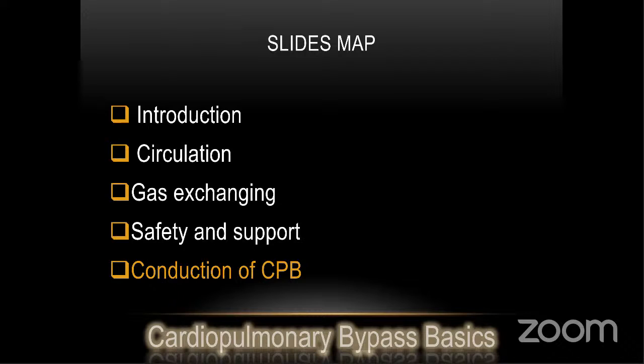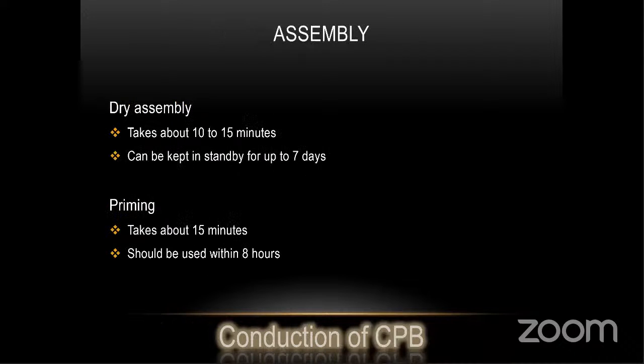The final part of our talk today is about conduction, or starting, a cardiopulmonary bypass. So for assembly of a cardiopulmonary bypass, there is a dry and a wet, or priming, assembly. Dry assembly takes about 10 to 15 minutes and can be kept in standby for around 7 days. But if it's primed with fluid, that will also take 15 minutes and should be used within 8 hours to prevent malfunction of the oxygenator.